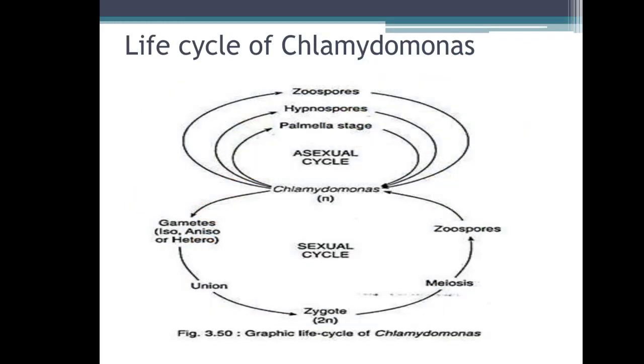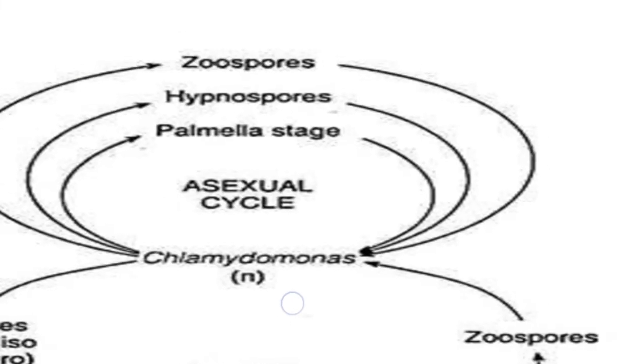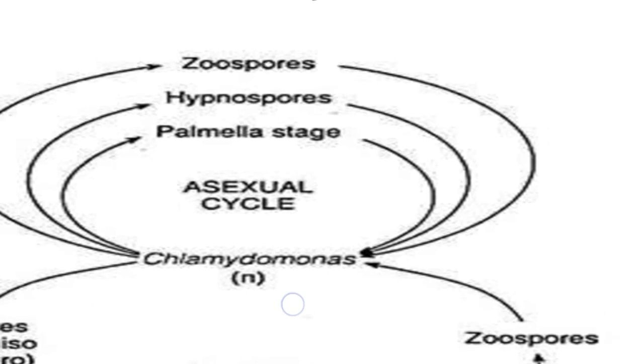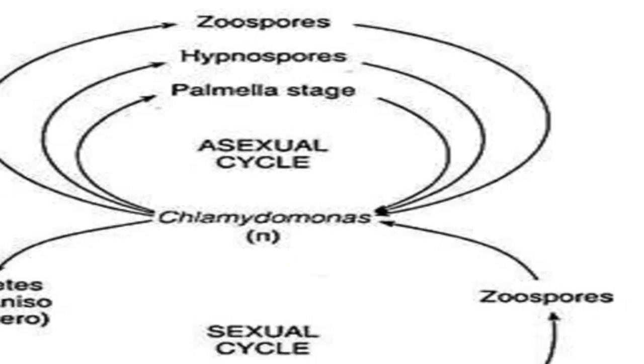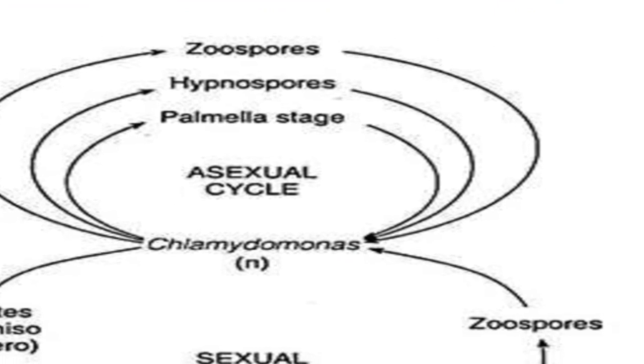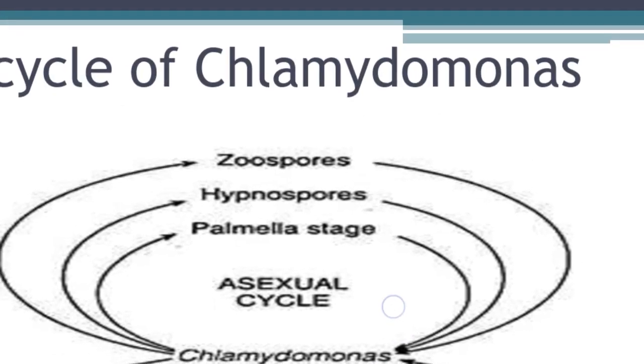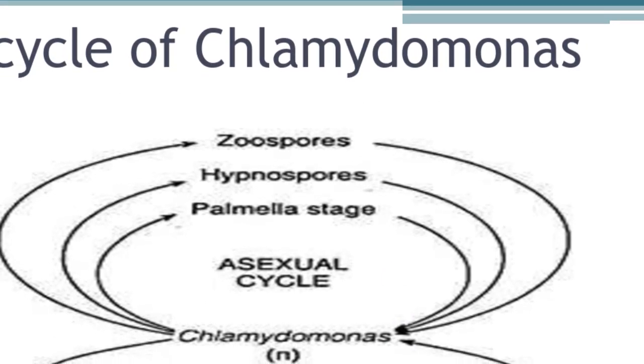Now we can observe in this schematic or graphical diagram that Chlamydomonas asexually reproduces into zoospore, hypnospore and palmella stage. Zoospore forms always in favorable conditions, but the palmella stage and hypnospore form in unfavorable conditions.